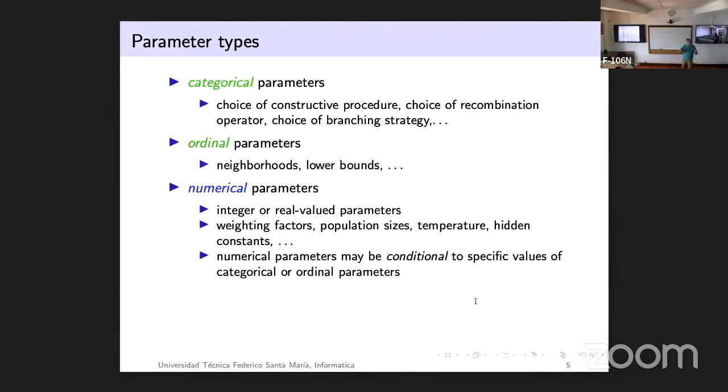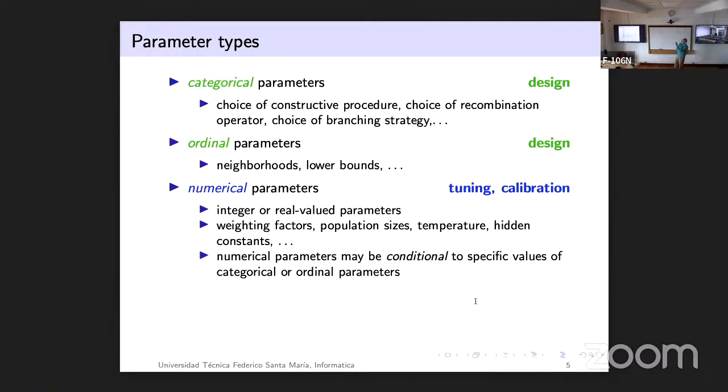So these are different things. Yeah. And if one wants to know whether you do design or tuning calibration, one often has that the design is for the categorical and ordinal parameters, and the tuning calibration of the algorithm is for the numerical parameters.